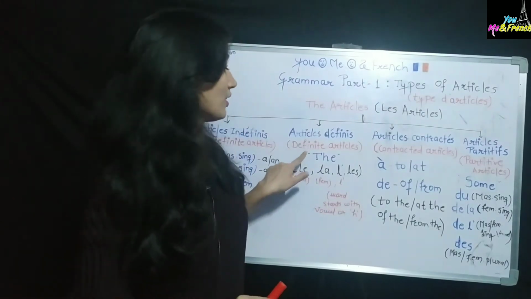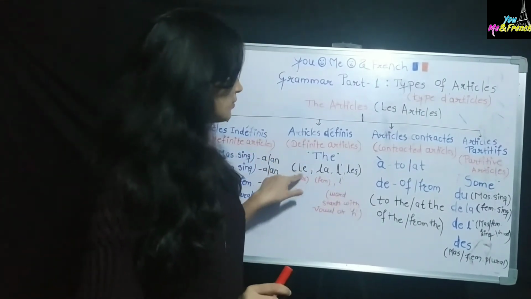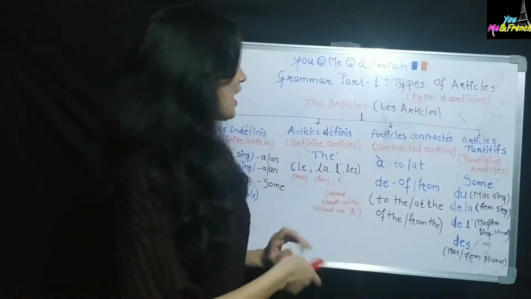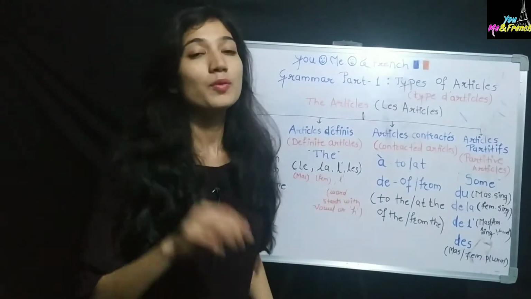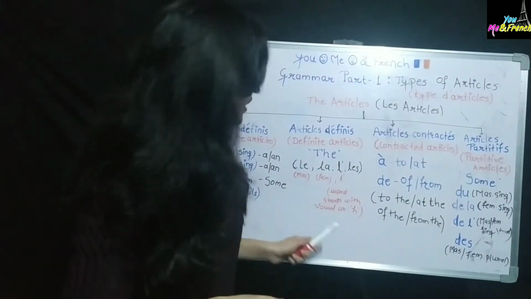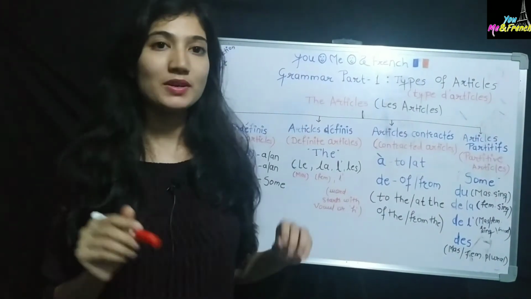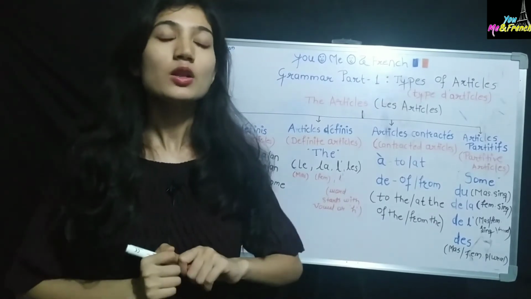How do we represent the in French? For masculine it's le, for feminine it's la, and l' apostrophe is for words which start with a vowel or H. For example, homme will be said as l'homme.